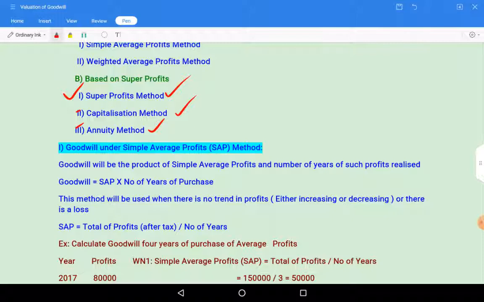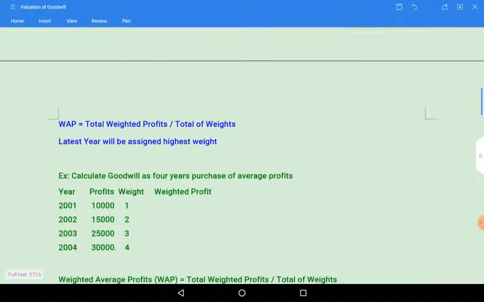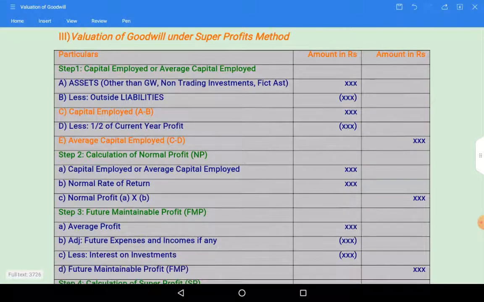If you get one method, the other two methods are similar to the super profits method, but the last valuation of goodwill formula will change. Okay, so let us see valuation of goodwill under the super profits method. For this we have 5 steps.